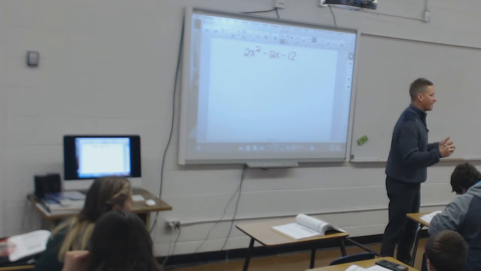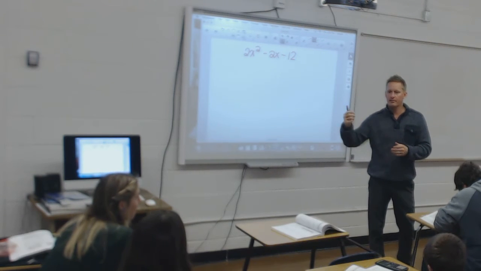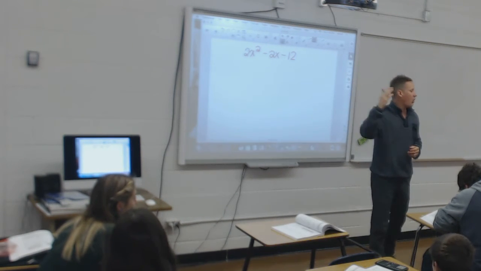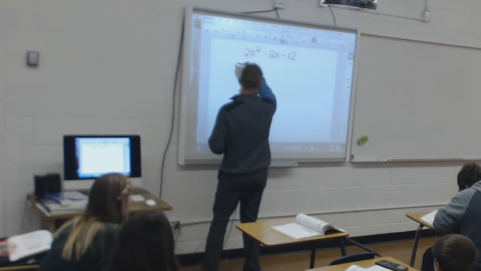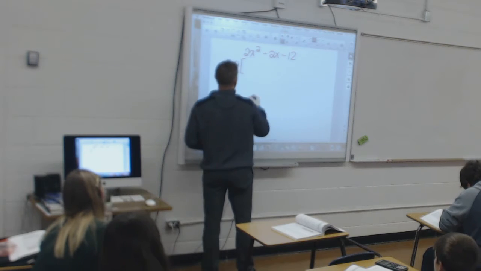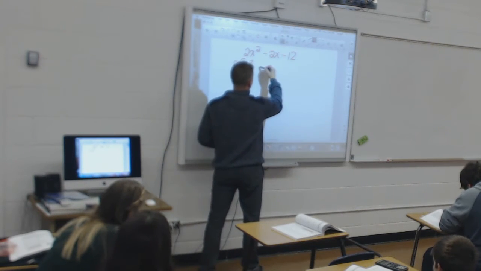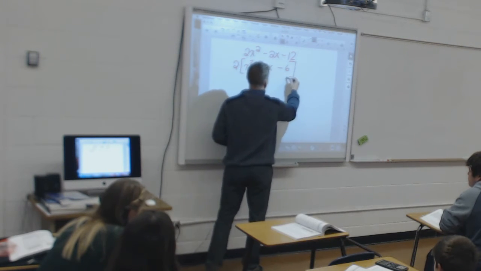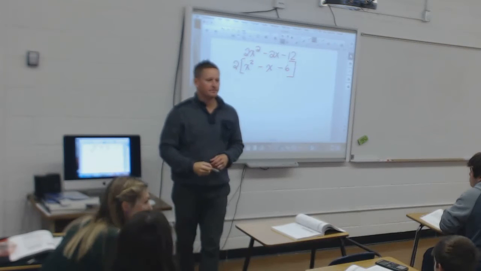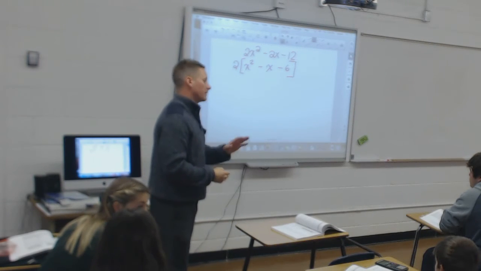So, is there a value in this trinomial that can be taken out that is in all three of those? What is it? 2. So when I factor out the 2, what am I left with? x squared minus x minus 6, dividing it by 2. Brackets like that. I'll show you in a second.